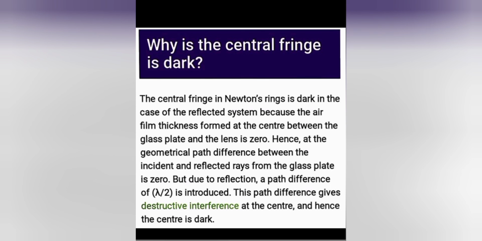Hence the geometrical path difference between the incident and reflected rays from the glass plate is 0. But due to reflection, a path difference of lambda by 2 is introduced. This path difference gives destructive interference at the center, and hence the center is dark.